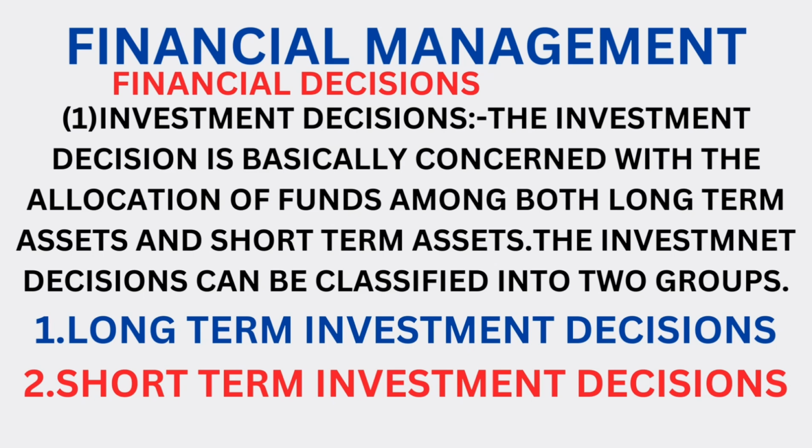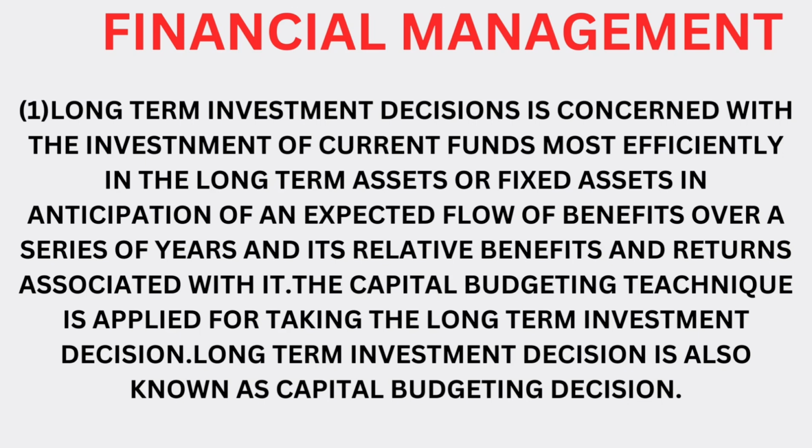Students, the first and most crucial decision is investment decision. Here the management has to decide the allocation of financial resources both in long-term assets as well as short-term assets. So investment decisions can be classified as long-term investment decisions and short-term investment decisions.